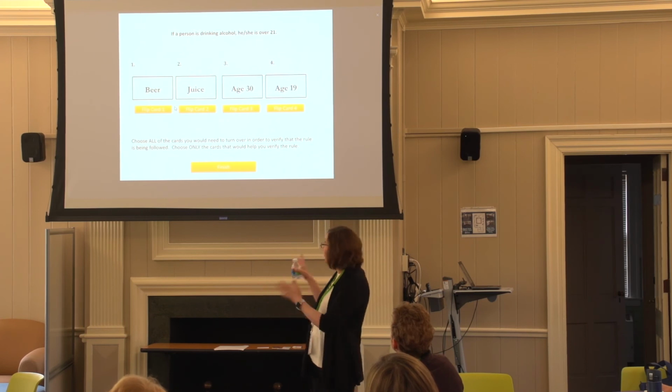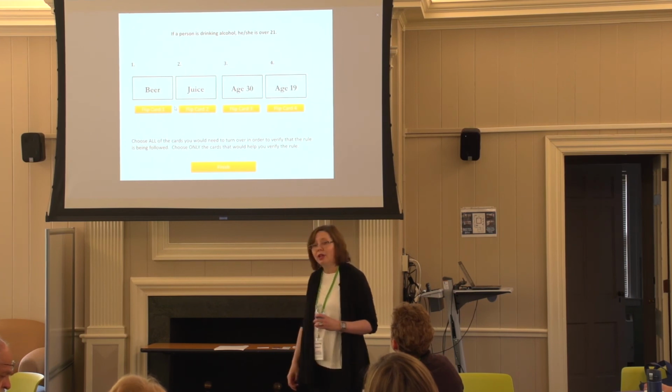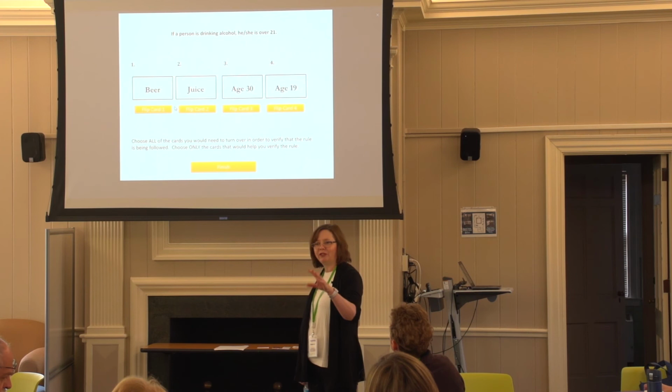There's a lot of things about this that are arbitrary and confusing, including the numbering of the cards. But one of the things that some research has shown really matters is context, and not just that specific rule. It probably does help that we're familiar with the alcohol in 21 rule specifically.